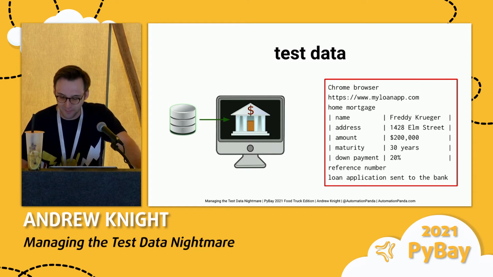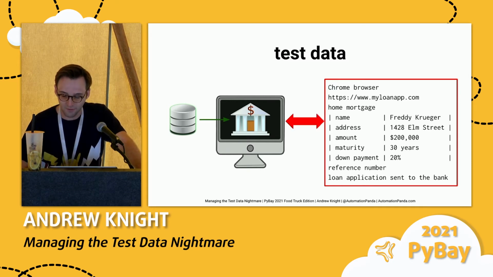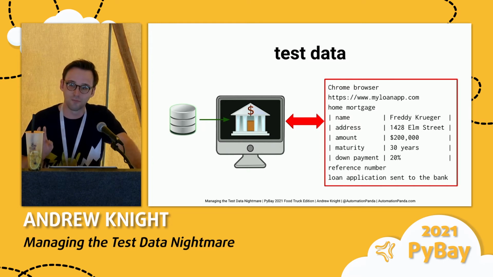It may include values to enter into the product under test, inputs to control how testing is performed, or records to retrieve from the product. In the latter case, test case data is really a reflection of product data. Its values refer to entities existing in the product data. The two types of test data here are separate, but nevertheless connected. Distinguishing these two types of data is important for managing our nightmare.